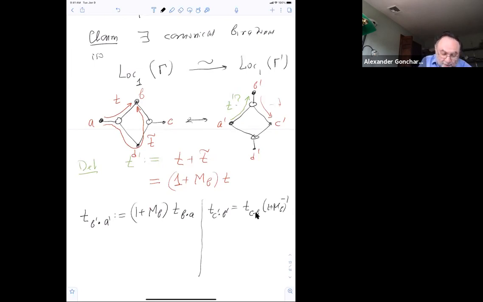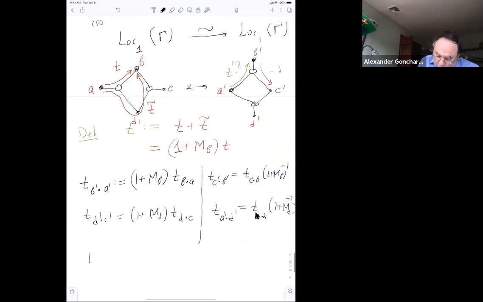Then there is a cyclic shift by 2, so I can do the same for D prime to C prime. This is 1 plus M_D times the translation from D to C. And similarly, the translation from A prime to D prime is defined as the translation from A to D multiplied by 1 plus M_D inverse.